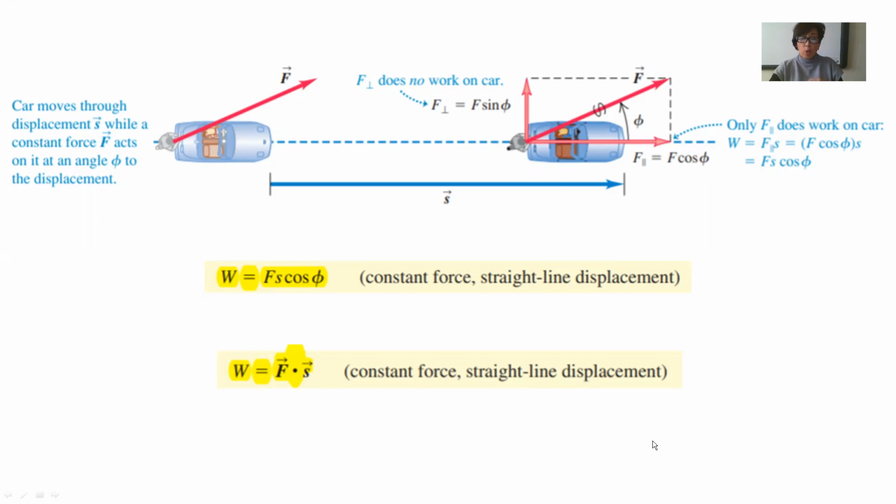We know the parallel force equals force multiplied by cosine alpha, and replacing, in the final formula this is the work. This is the formula for a constant force and straight line displacement.